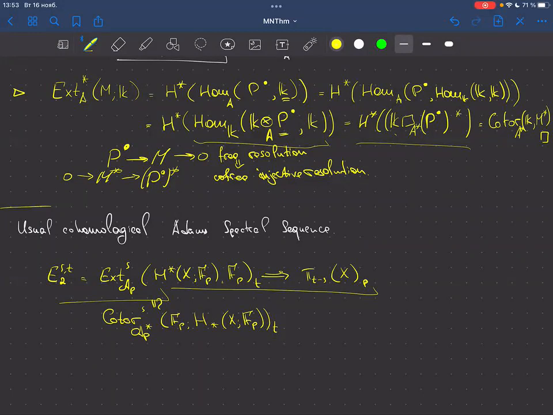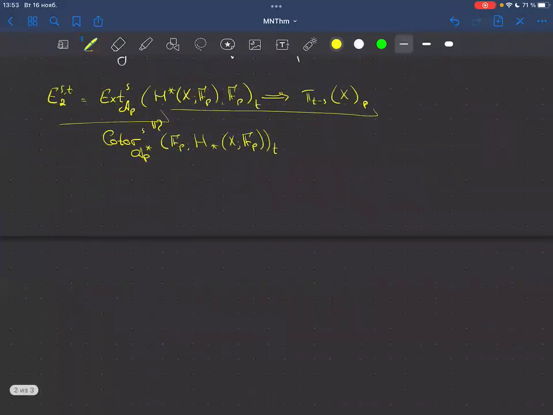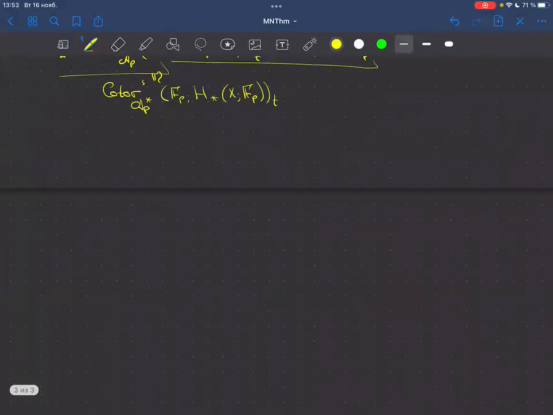Great. So let's try to apply this to MU. Let's consider the odd case, for example, at the moment.